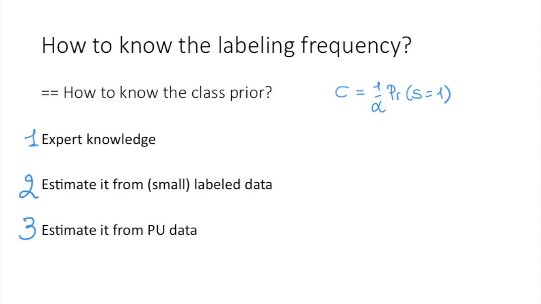This is a whole field on its own. It comes with other assumptions for enabling you to estimate the class prior and then a bunch of methods to do this. So this is outside of the scope of this video, but this is possible. If you are interested in it, you can find all the information you need in our survey paper.